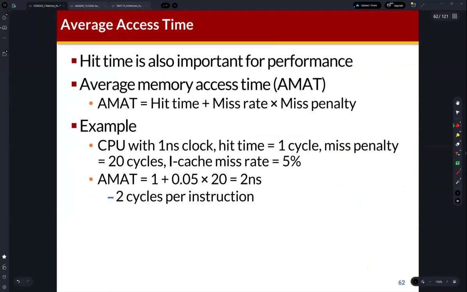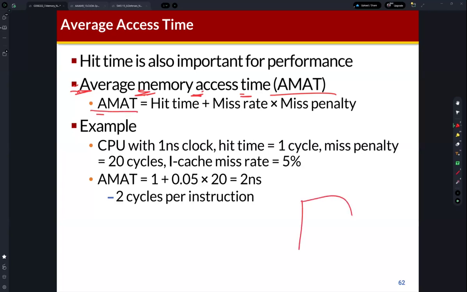Okay, and then we can define a performance metric of the cache, or a performance metric of the memory systems. It's called the average memory access time, the AMAT. So AMAT is the average memory access time.